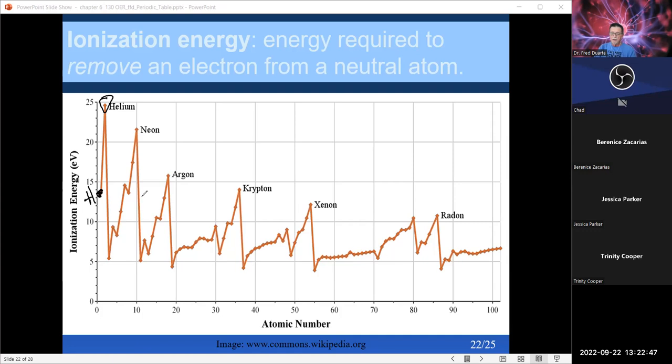And so when I compare within that period, from left to right, the ionization energy goes up. The scale here is ionization energy in electron volts. Hydrogen has about 13.5 eV, and then for helium, it jumps up to about 24.5. Big old jump as we come across.